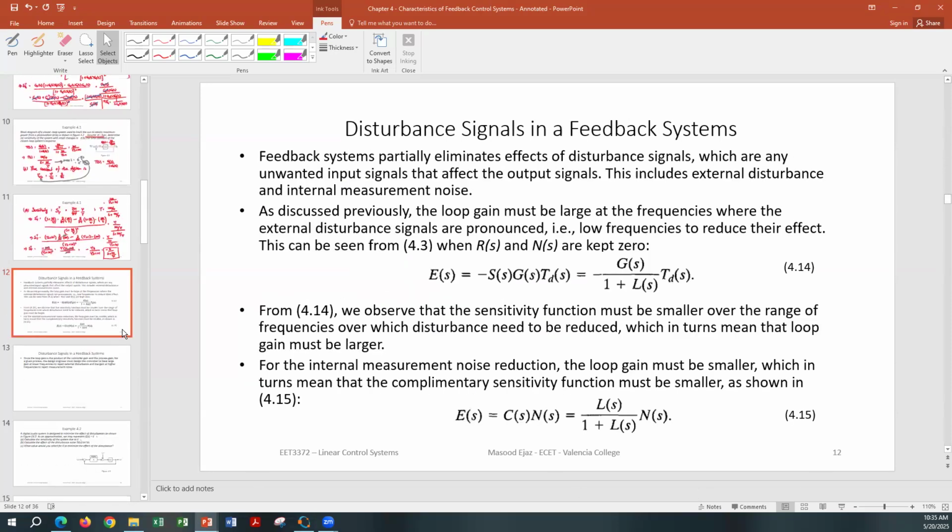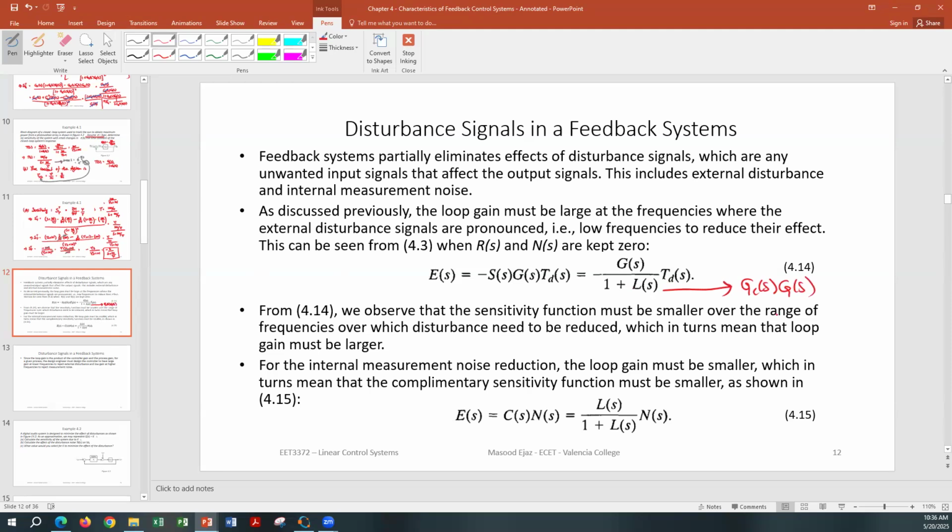So the discussion over here is, if you want to reduce the error due to the disturbance signal, then the denominator has to be large. That is, the value of the loop gain must be large. And loop gain, remember, is the product of the controller gain and the process gain.